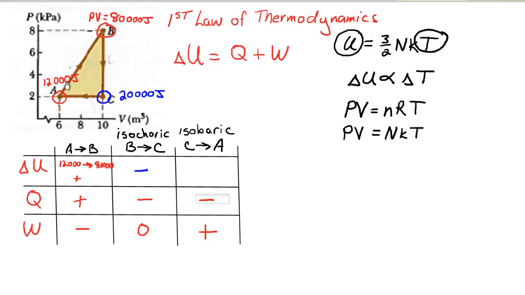The temperature also dropped in our simulation, and you can see that PV at location C is 20,000 joules, and PV at location A is only 12,000 joules. And once again, since PV is related to our temperature, then we know that our change in internal energy must be negative. It's losing internal energy as it goes back to A. So our last one is negative as well.